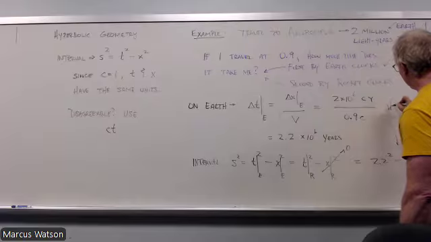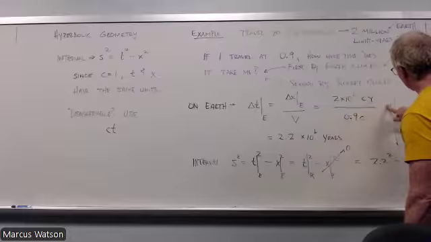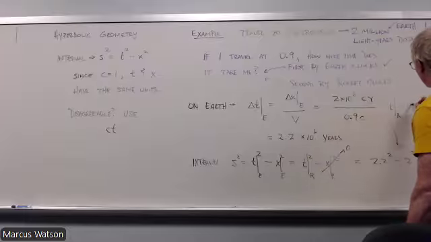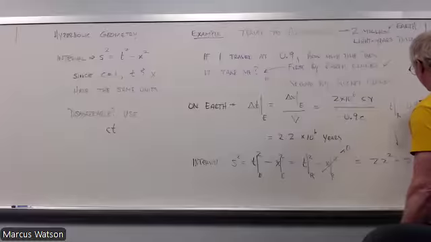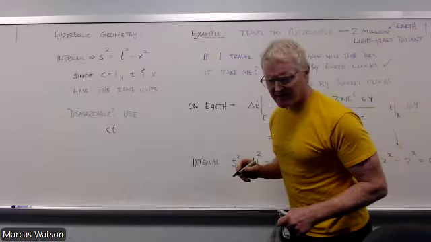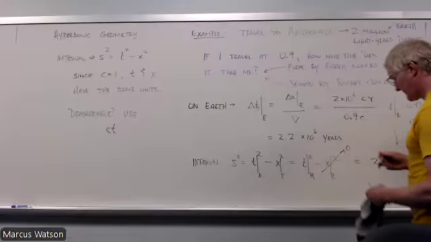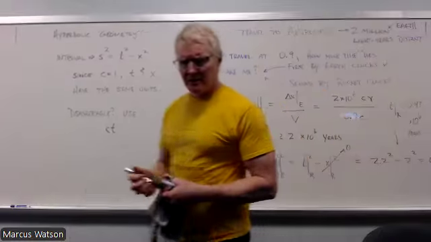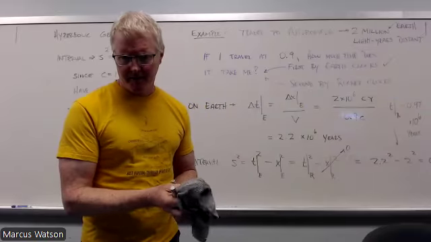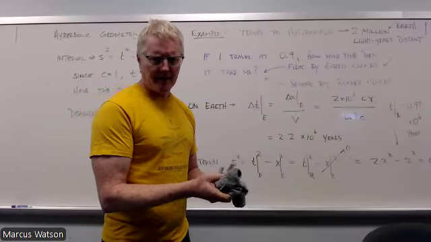Now delta T rocket is equal to about 0.97, but that's still times 10 to the 6 years. I'm off the end of the board. Sorry about that.